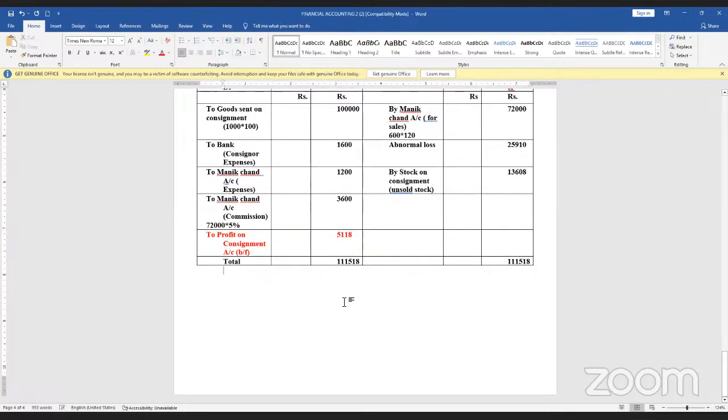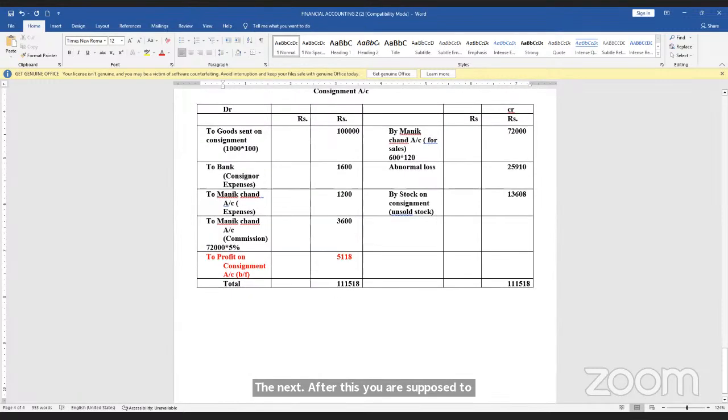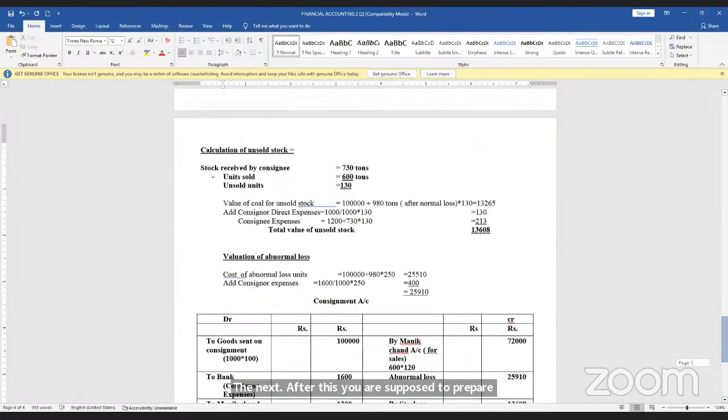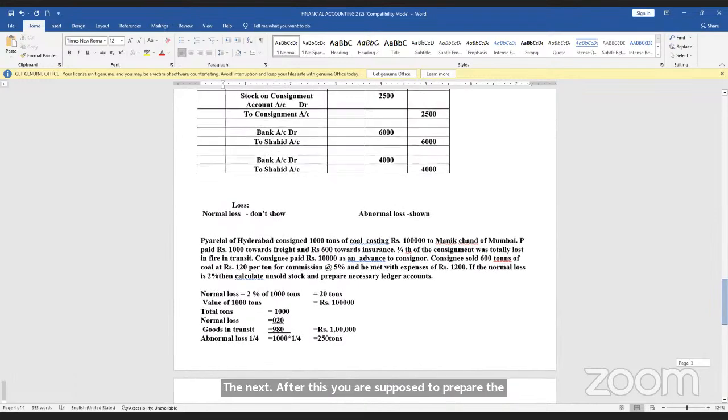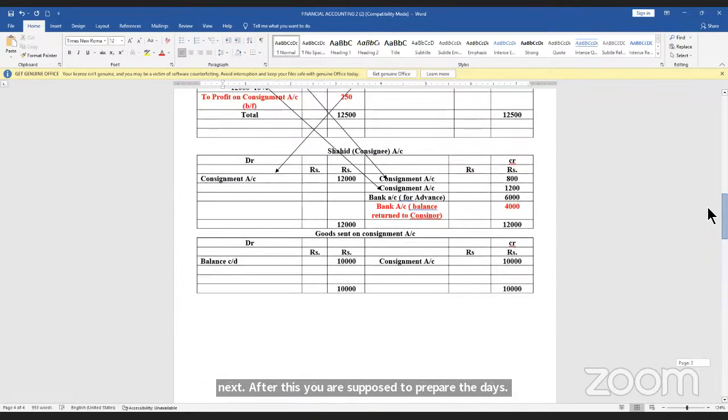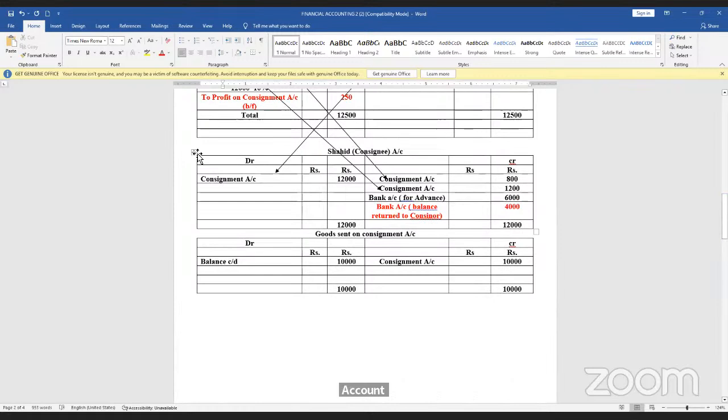The next after this, you are supposed to prepare the consignee account, that is Manik Chand's account, same as here, what we did.